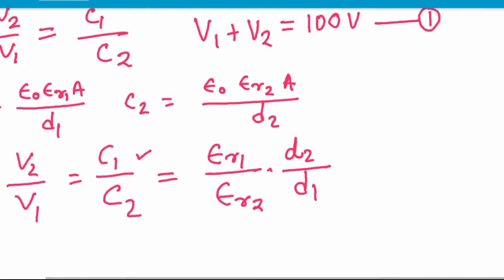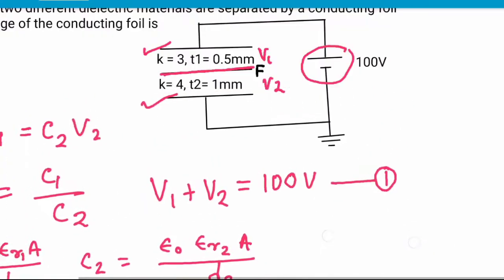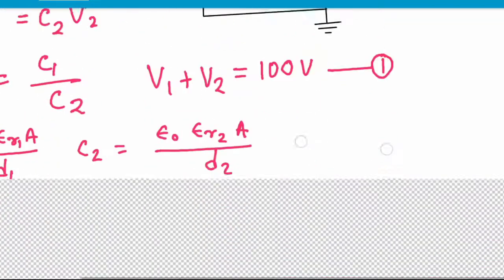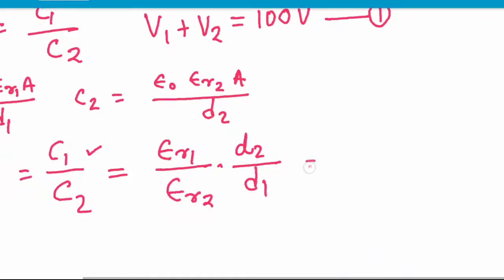And what are the values given? Here K is given to be 3 and 4, and thicknesses are given as 0.5 mm and 1 mm. So this will be 3 by 4 into 1 mm by 0.5 mm.